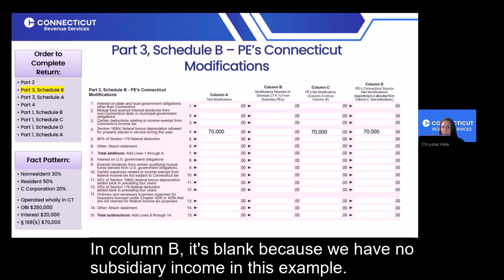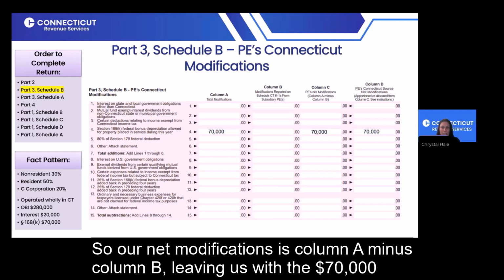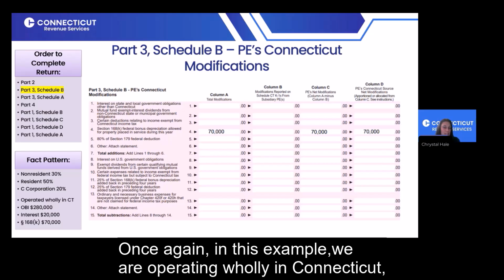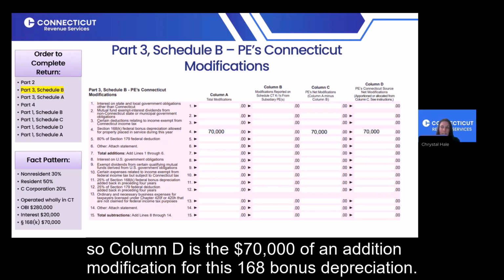In column B, it's blank because we have no subsidiary income in this example. So our net modifications is column A minus column B, leaving us with the $70,000. Once again, in this example, we are operating wholly in Connecticut. So column D is the $70,000 of an addition modification for this 168 bonus depreciation.